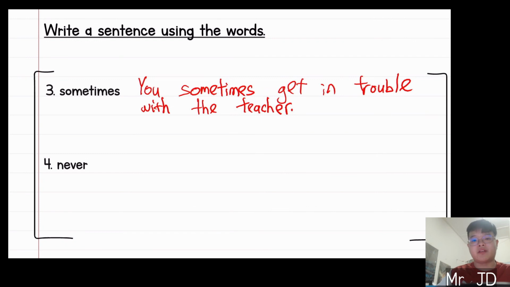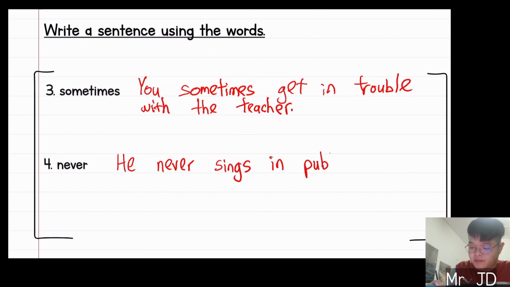Use sometimes, not every time, but use sometimes. And the last one, never. Let's use he. Alright? He never sings in public, for example. You have never heard him sing in public before, in front of other people.